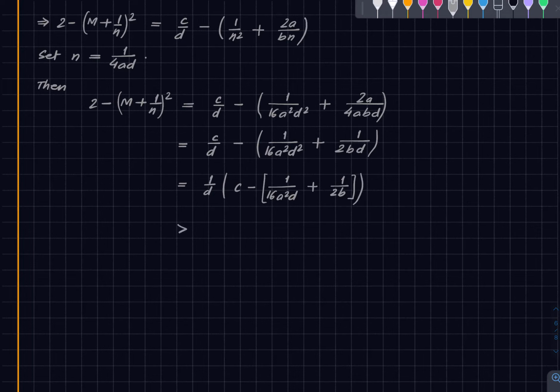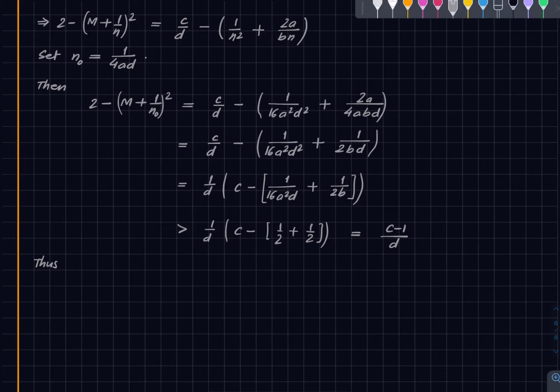This is strictly greater than. Why is that? Because A and D are positive integers, so this thing is strictly less than that. And hence, since there's a minus sign here, we get a strictly greater inequality. But what this is equal to is that thing, and therefore, with this value of n, call it n naught.